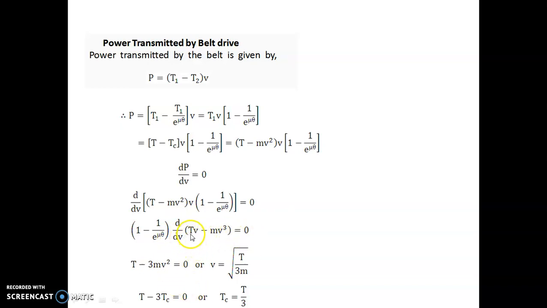Differentiating, T minus 3mv² is equal to 0, or velocity will be equal to the root of T upon 3m. So this is the condition for maximum power transmission. Or if we put the value of mv² equal to Tc, we will get the equation Tc is equal to T upon 3. So this is another condition for maximum power transmission.